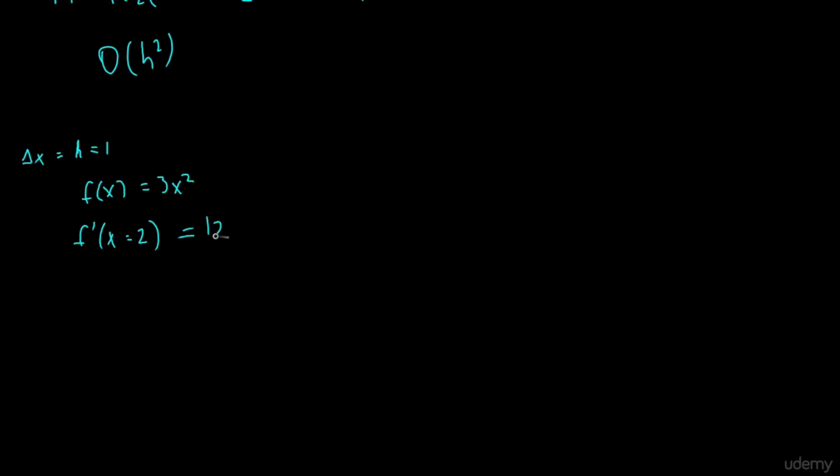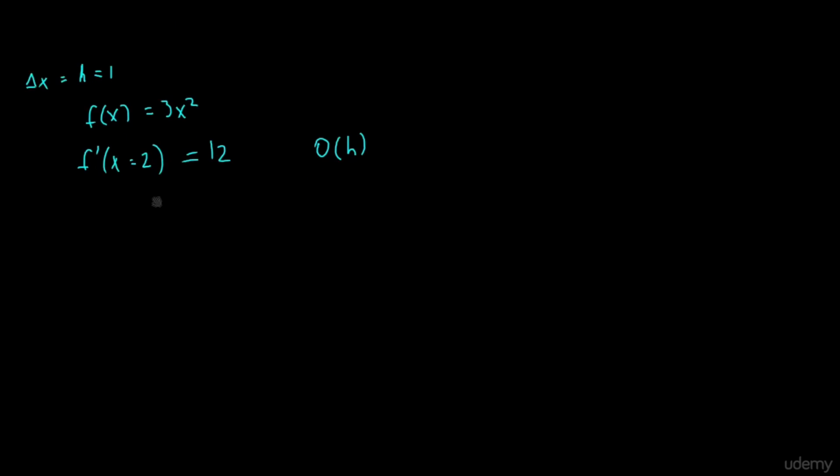We know that the value is actually 12 analytically. Let's assume that the original forward difference formula has an error term of order h, and we're going to use Richardson's interpolation on these values to see if we can get a better approximation.